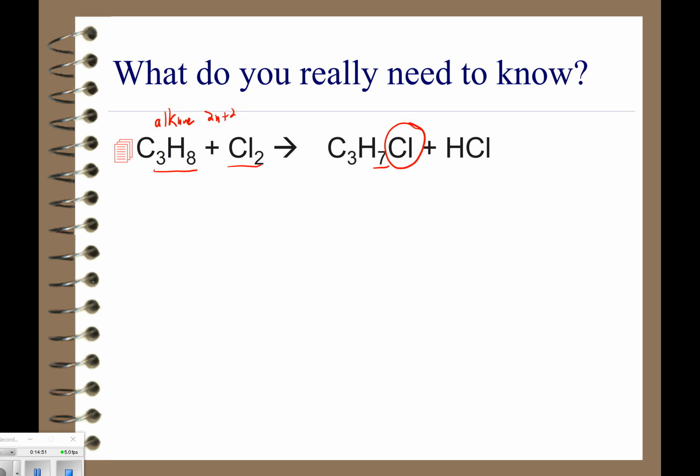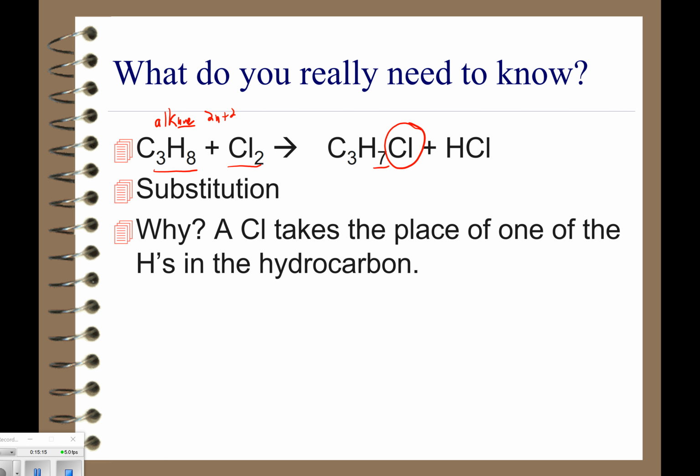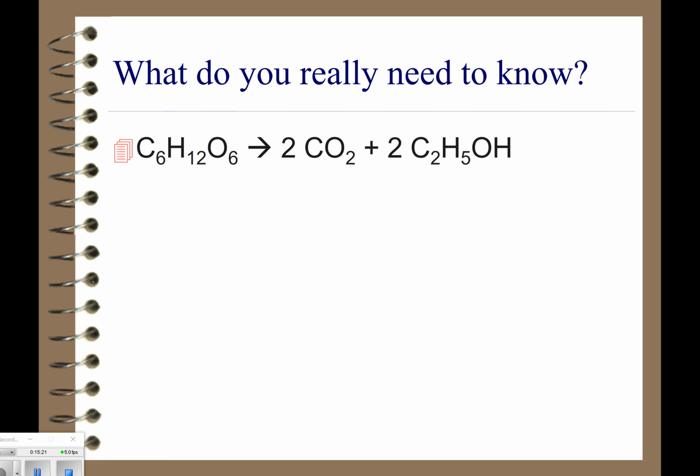This is going to be substitution. So we have the chlorine substituting for a hydrogen on the alkane. And I highlighted this as an alkane because we don't have a double or triple bond, which would lead us to a different type of organic reaction that we learned prior. So the key here is that we have the number of hydrogens decreasing and a chlorine taking the place of that hydrogen in the hydrocarbon.